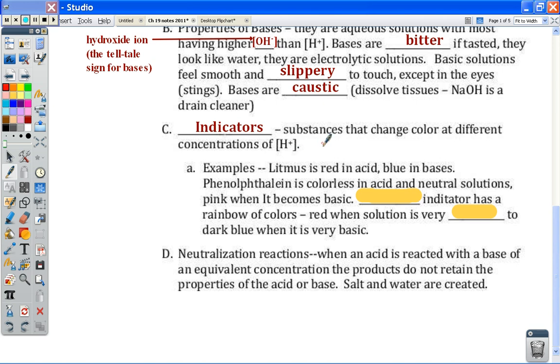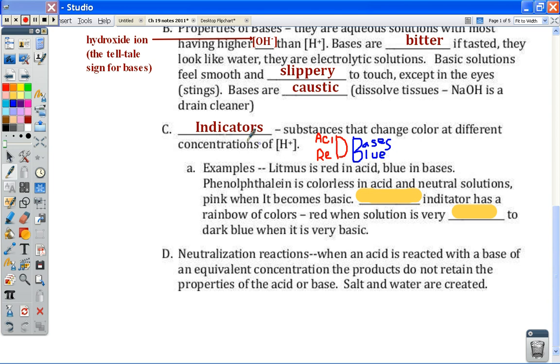Okay, so this is going to be: acids are red and bases are blue.